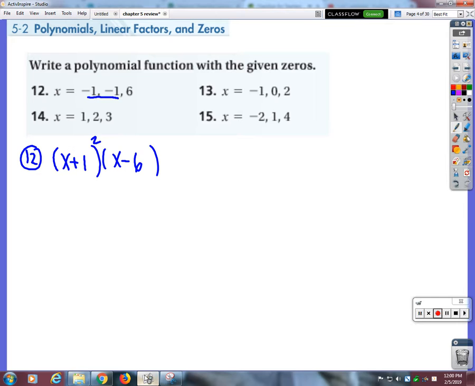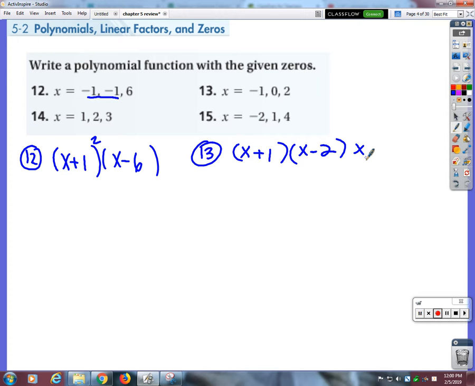Okay, Jessica, can you do the same thing with number 13? X minus 2, okay. And then what do I do with the 0? Just a plain old x.